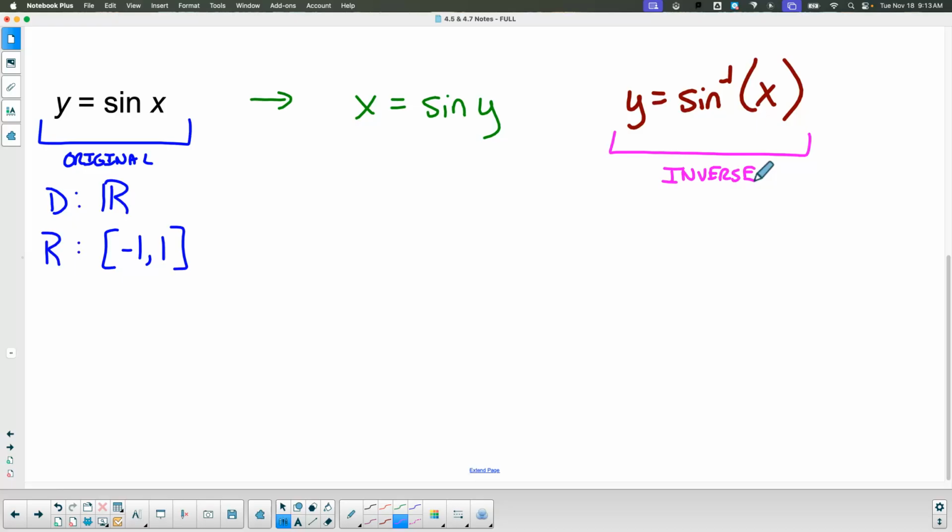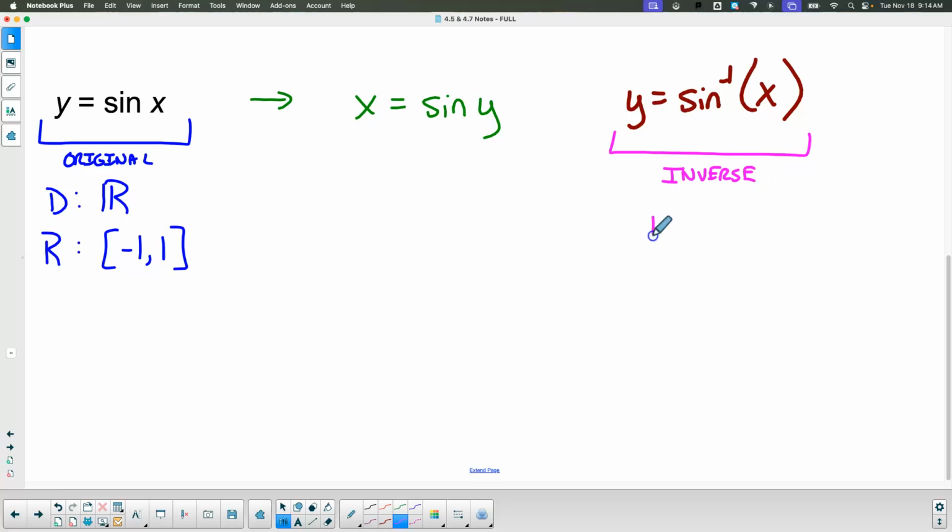If x and y switch to create the inverse, is the domain associated with x or with y? Domain is associated with x. Range is associated with y. So the domain and the range would also switch.